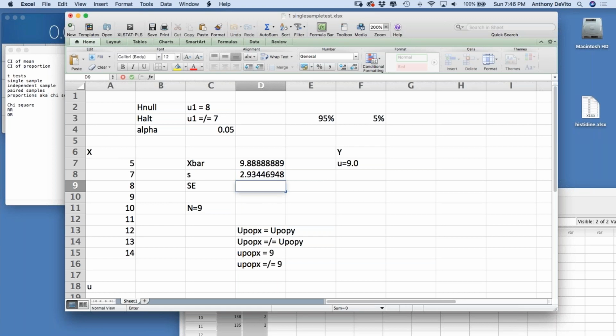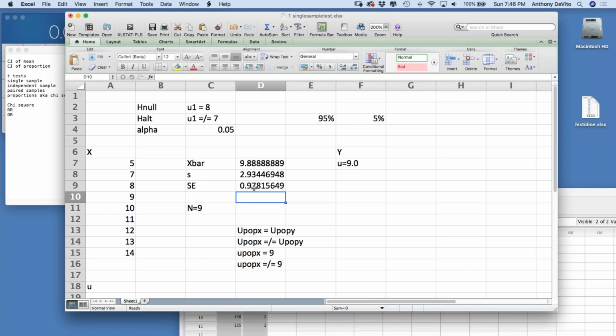So I click in here, and the standard error is equal to the standard deviation divided by the square root of the sample size. In this case, the sample size is 9, so I'm just going to put in a 3 here. Our standard error is equal to 0.9781.